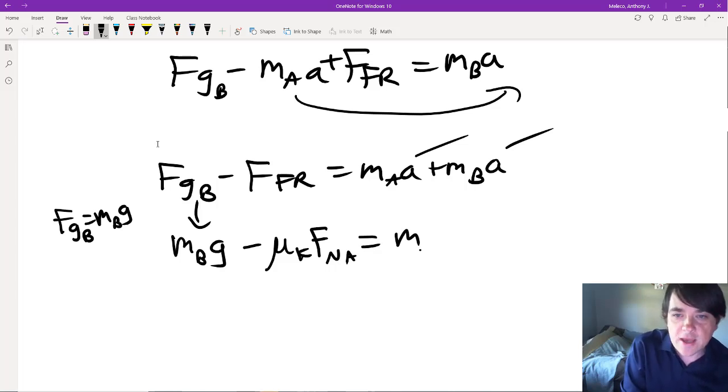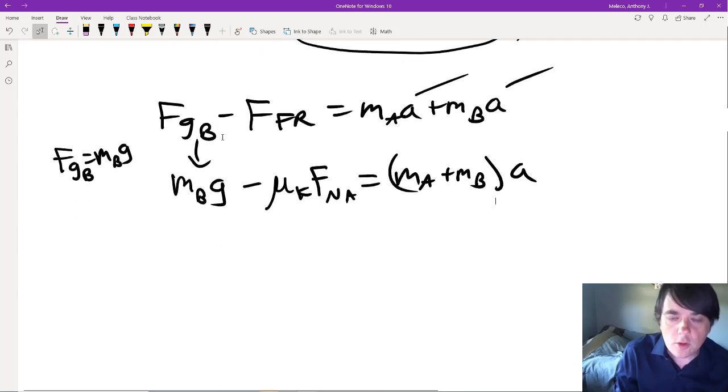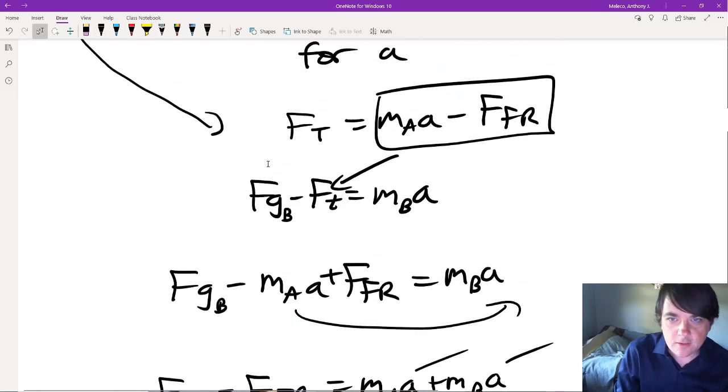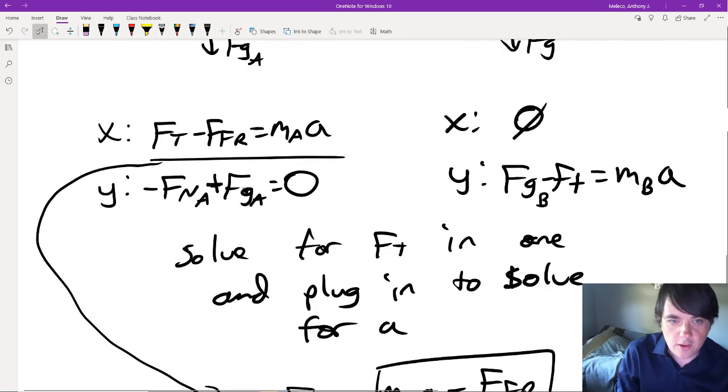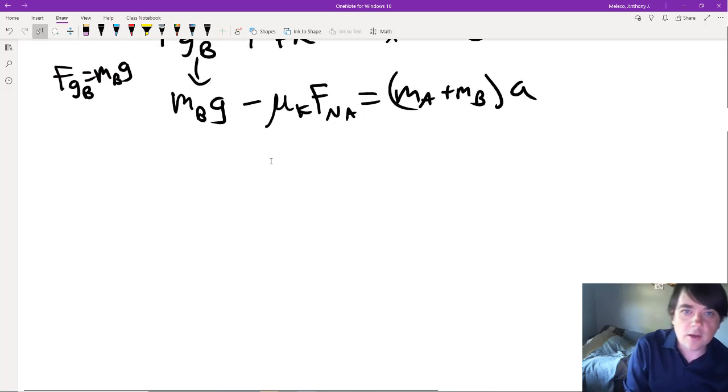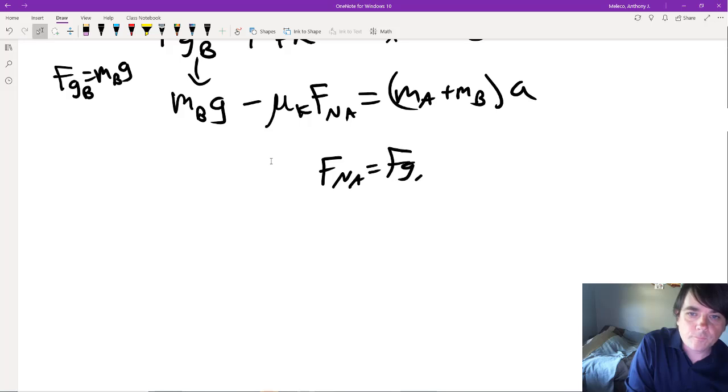Then this is MA plus MB times a. Now this FNA is equal to FGA via the y equation above.